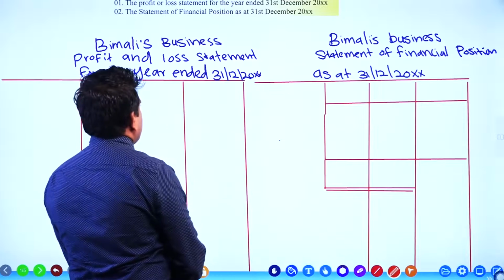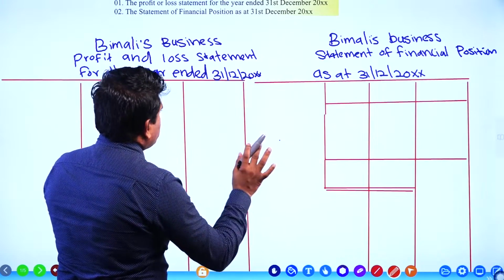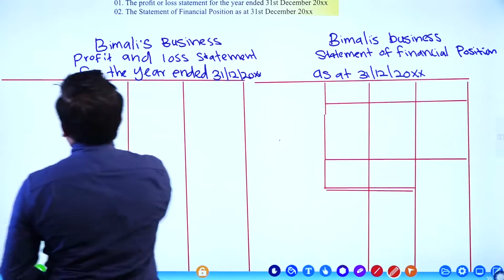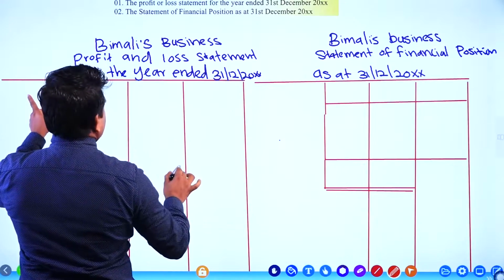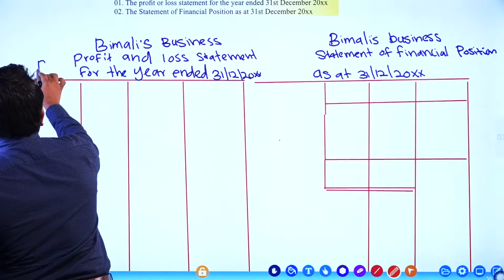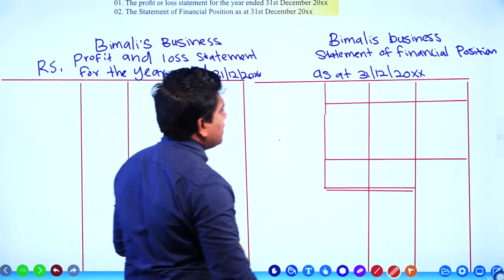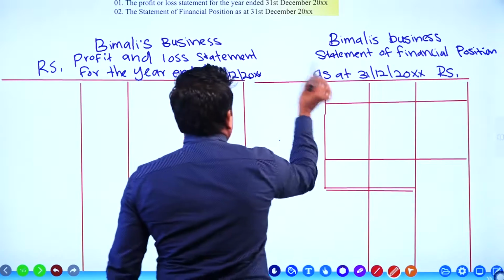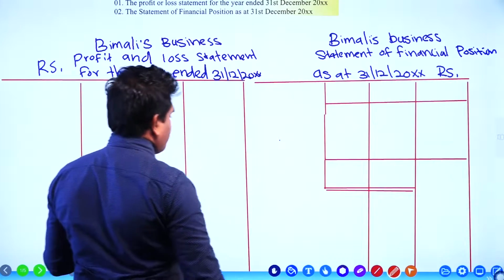Then okay. Now we finish this, right? Rupees you put here, not this, but here not enough space, that's why I put here, but you put rupees, all the details you put as rupees. Here you can put rupees like this, right? Any place, right? Before the format you must write rupees, right?